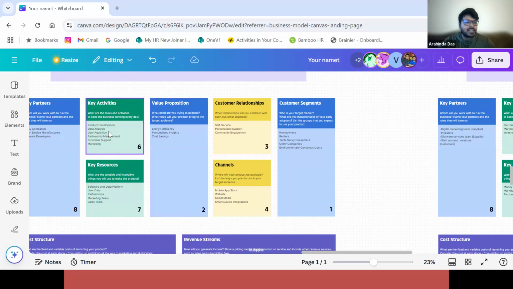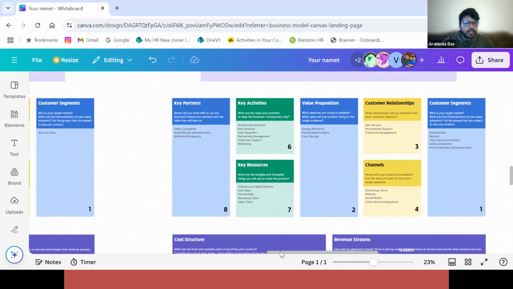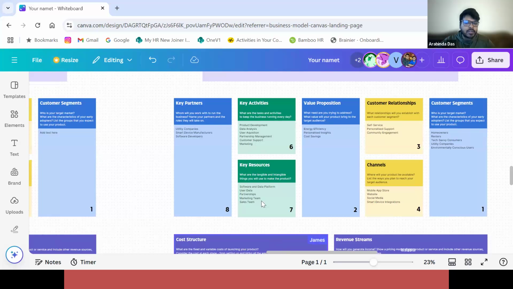Key activities, what we do every day: product development, user acquisition, partnership. I'm not sure about product development. I understand the data analysis, customer support, partnership management, and marketing.